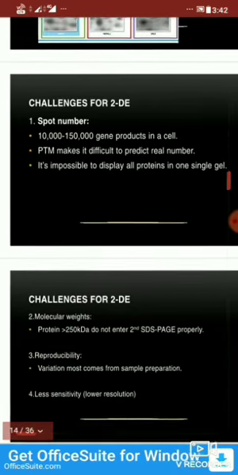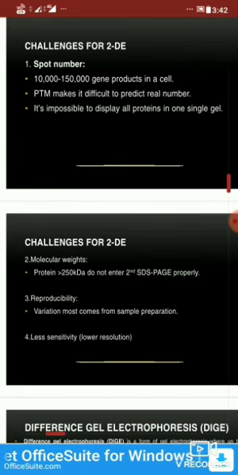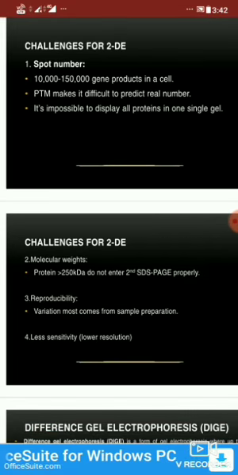But then here we had certain difficulties or certain disadvantages. One, spot number. We know that every cell contains many genes and each gene will produce many products.